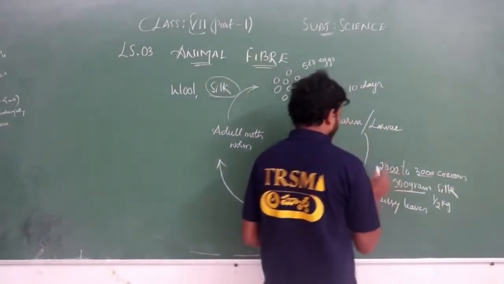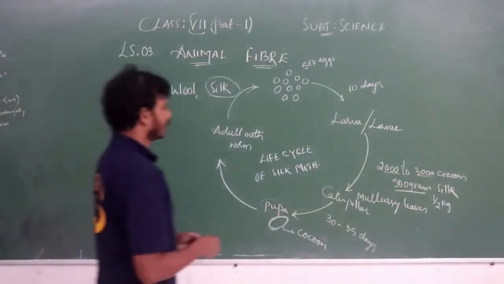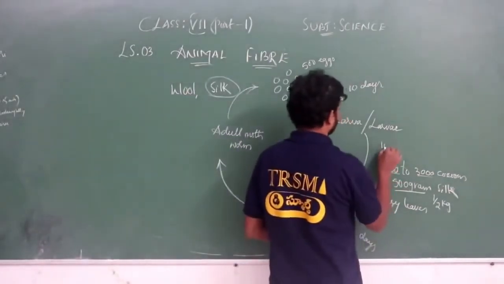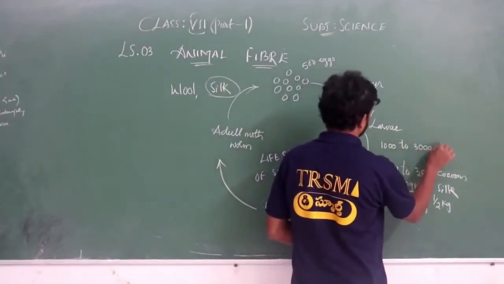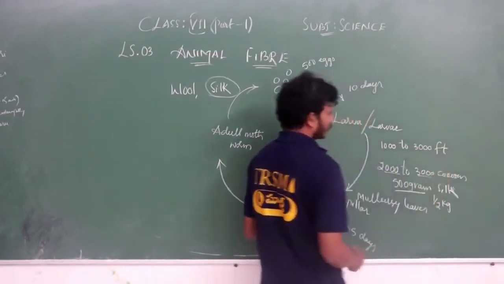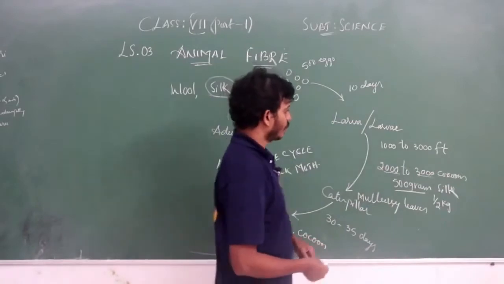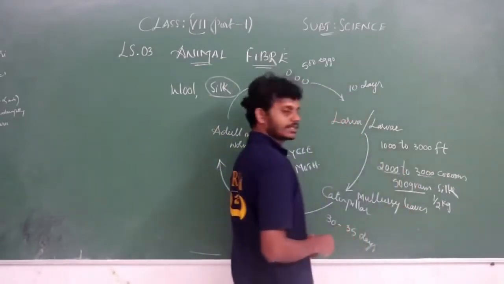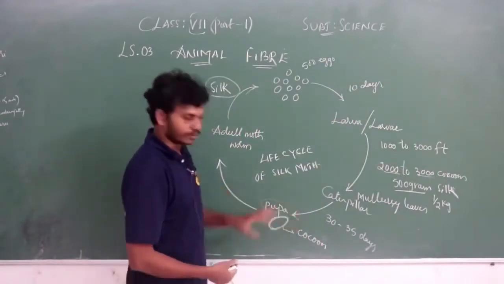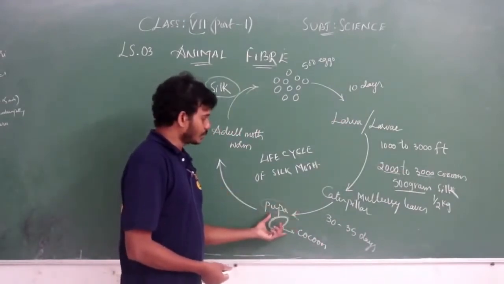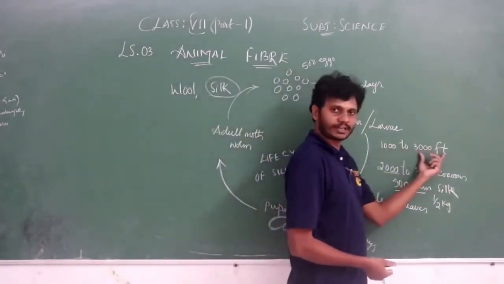So from one cocoon, how much do we get? A fiber length of about 1000 to 3000 feet is obtained. I repeat this once again, try to understand this well. This is a cocoon, and each cocoon gives a fiber of about 1000 to 3000 feet.